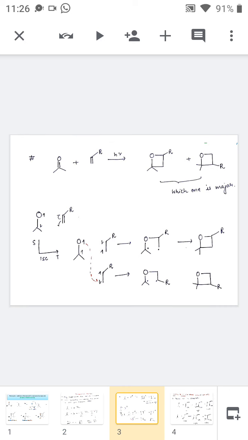This is because we know that the oxygen radical is highly unstable and the primary radical of the alkene is highly unstable, so they combine together and form the product.